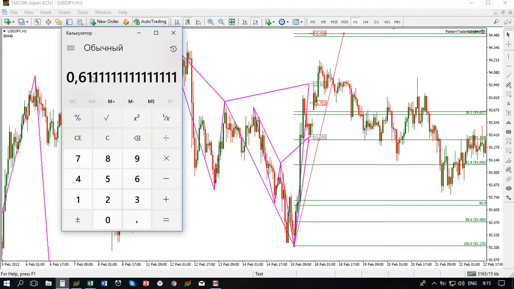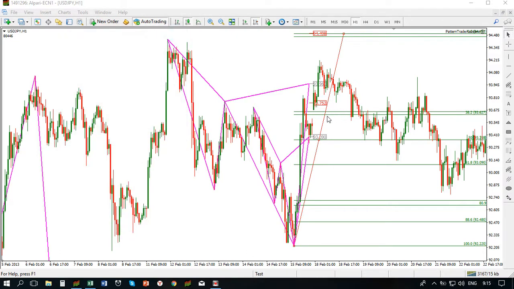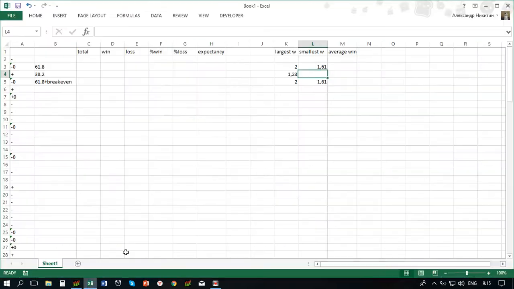I know that it should be 0.618, but because of not very precise calculations, it is 0.61. Okay, let's type it this way: 0.62. 0.618 or 0.62 is almost the same. But it should be that, because this one is 1.618 and this one should be 0.618.